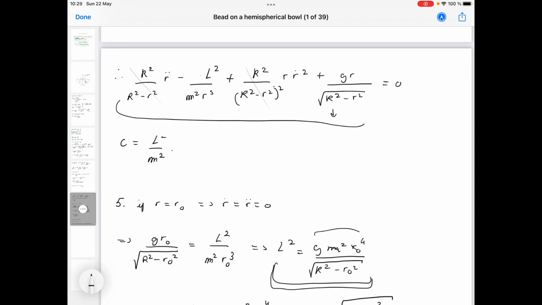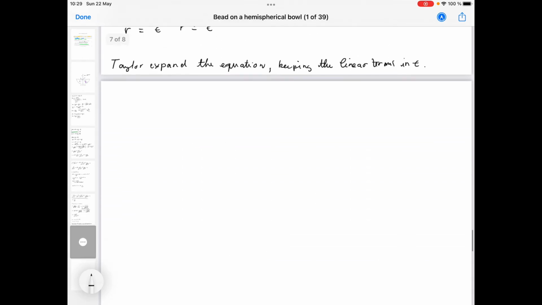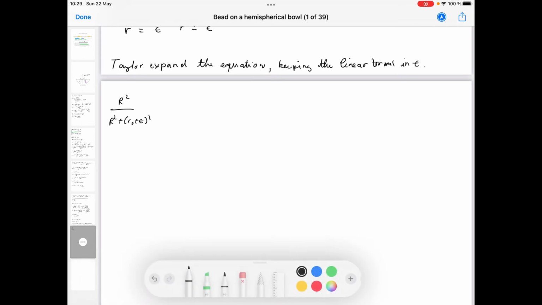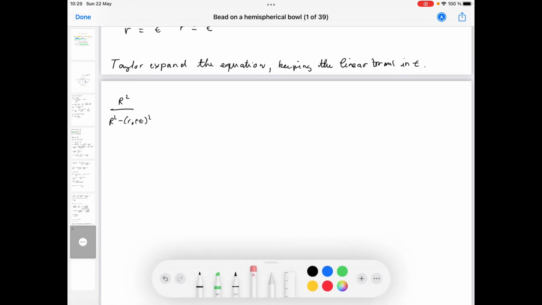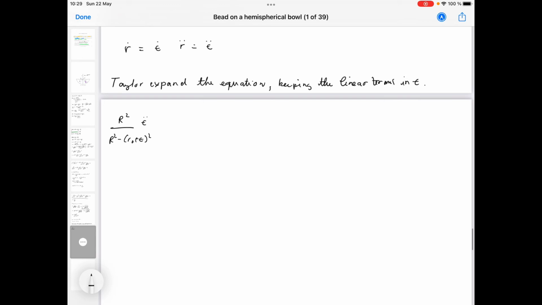And so first of all, we notice that this term will disappear because we only want the linear terms in epsilon. So what we end up with is R squared minus R naught plus epsilon squared. Sorry, this should be a minus. This one times epsilon double dot.